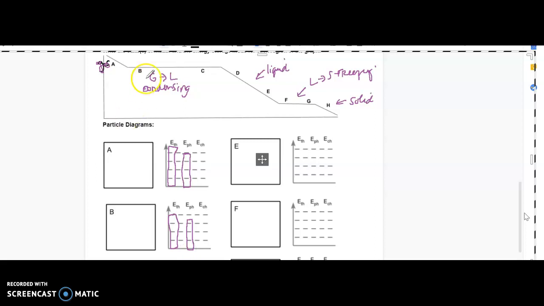Then as I go to C, the ETH should stay the same, but now this is going to be even lower, but not all the way to liquid yet. Then this is going to be all the way to liquid, and then the transition here to solid.